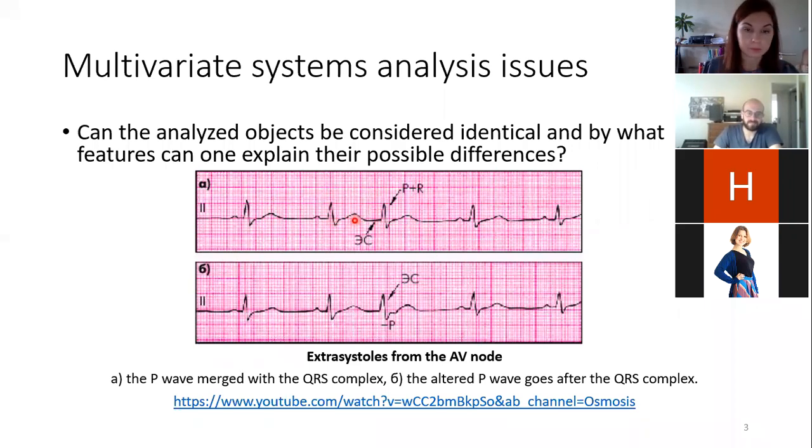So we may explain that if you have a short interval between two objects, we may predict that it's an extrasystolic complex, and we see that after this complex we have some pause, which is also like a predictor.